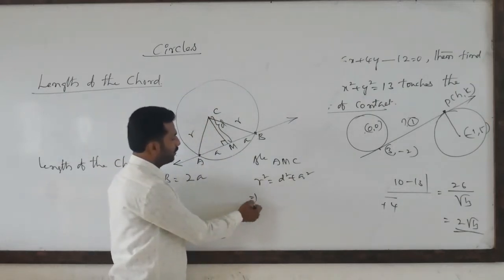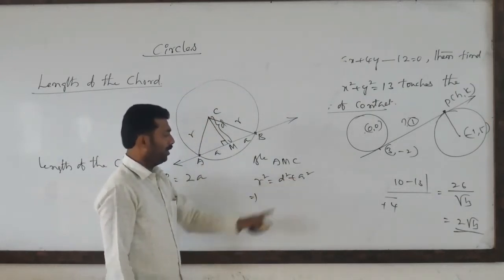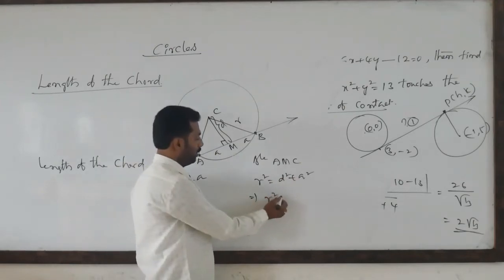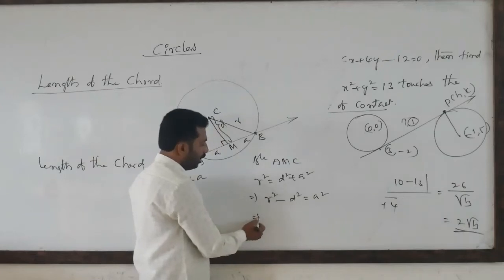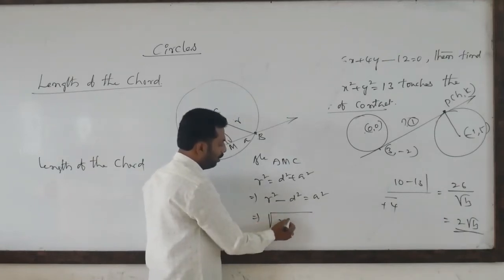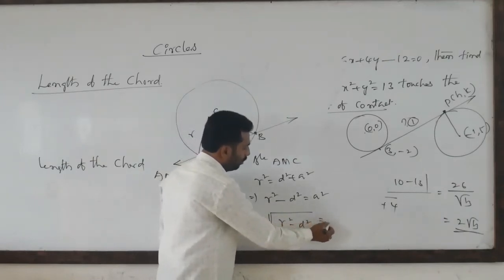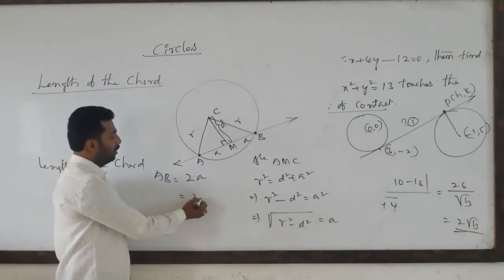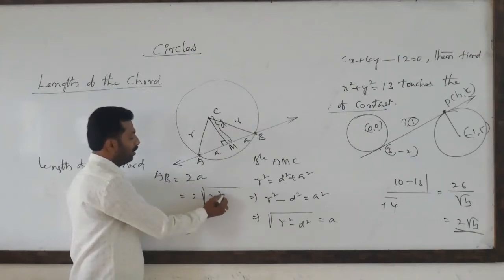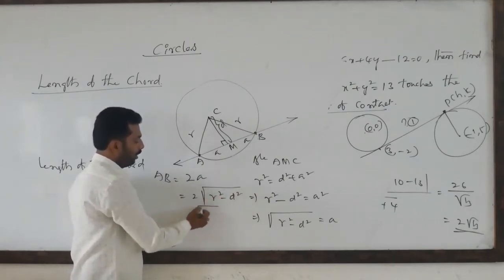So R square minus D square equal to A square, or A equal to root of R square minus D square. We need 2A, so that is 2 into root of R square minus D square.